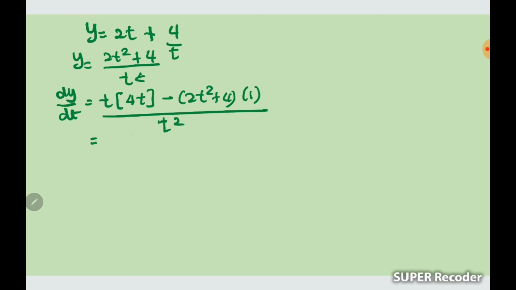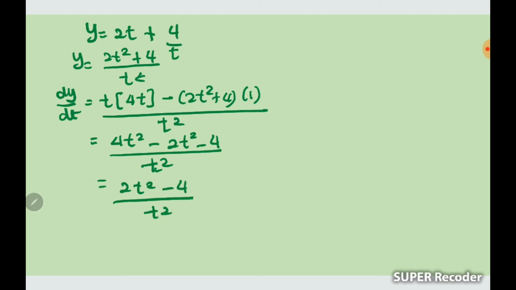So simplify, you will get 4t squared minus 2t squared minus 4 over t squared. Then you will get 2t squared minus 4 over t squared. This is dy/dt.